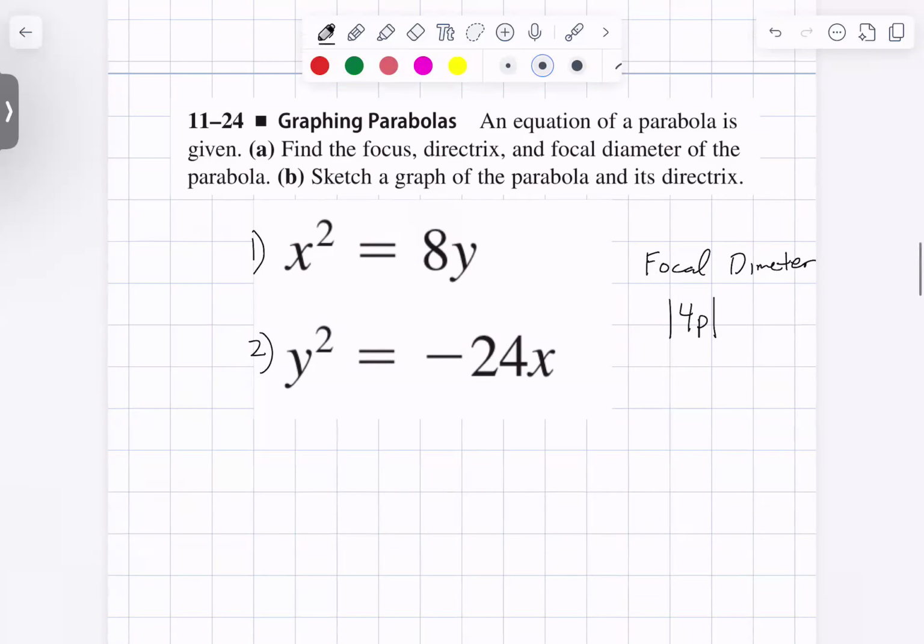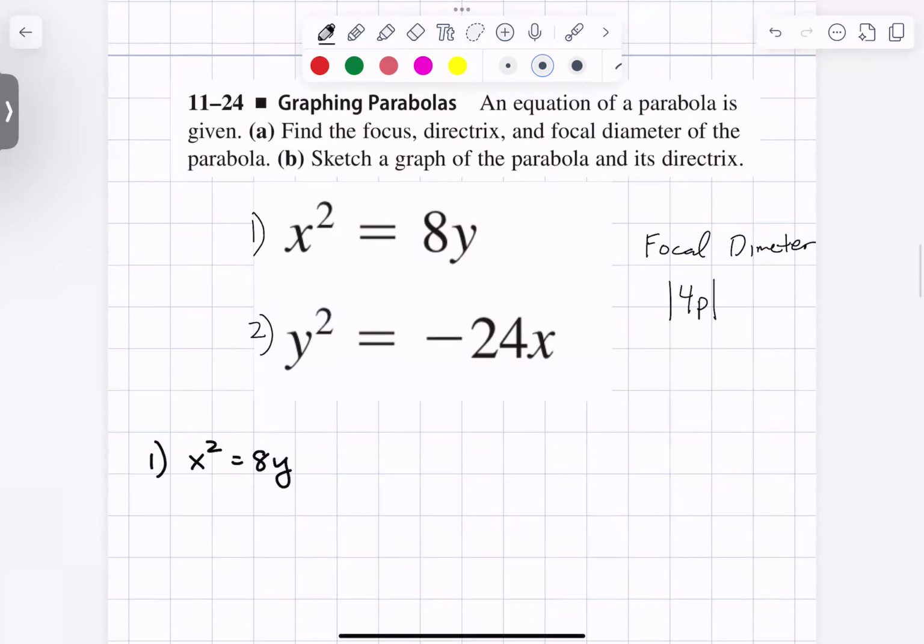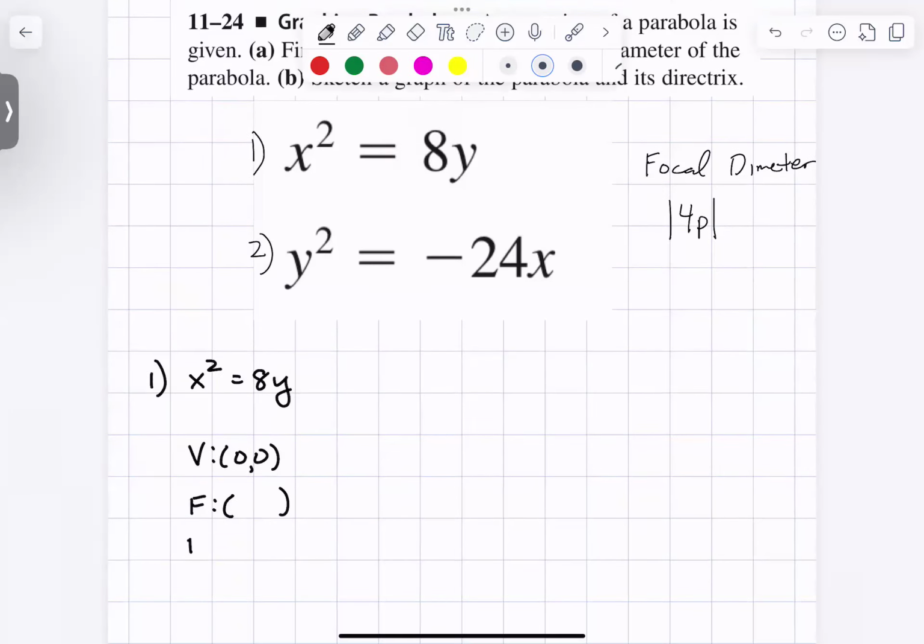So for number 1, we have x squared equals 8y. Right? Your vertex is 0, 0. Your focus and your directrix. So this is a vertical parabola that faces upwards, right?